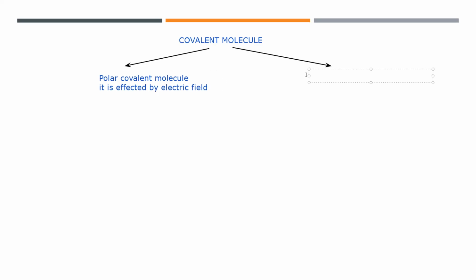Or it can be a non-polar covalent molecule. If it's a non-polar covalent molecule, it means it is not affected by electric field. Electric field does not have any effect on that molecule.